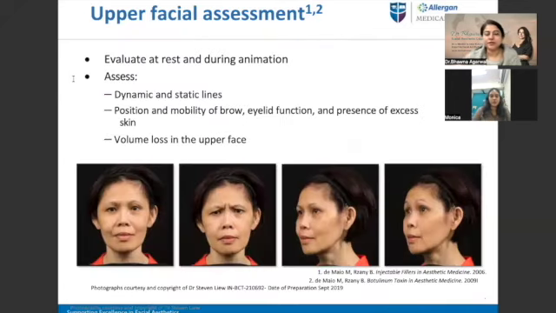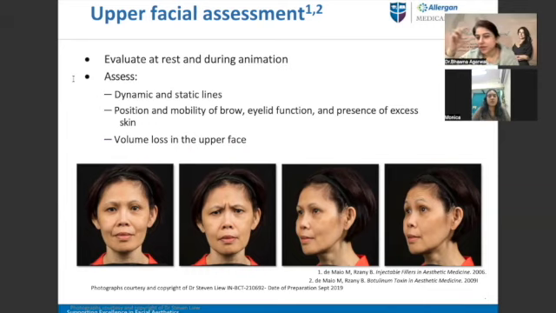Now, in upper face assessment for Botox, you need to first do the documentation and consent before you do the procedure. And in the assessment, you need to have the photography skills. Photography, you have to assess at rest and during animation, both for Botox.